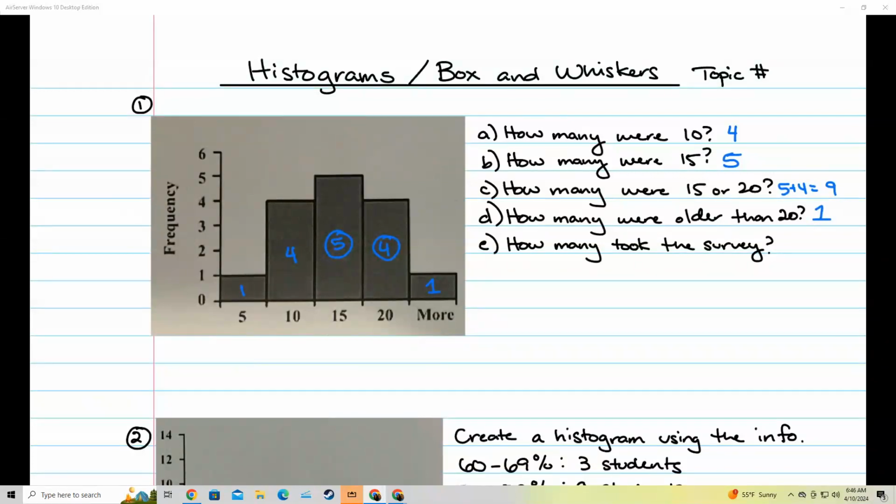What we're going to do is add them up. So I'm going to take 1 plus 4 plus 5 plus 4 plus 1 to see how many people actually took the survey. If I add those up, that's 5 plus 5, which is 10, plus another 4 and 1, that's going to be 15. All I did was add up all those numbers. And that's it. We're done with the first histogram.